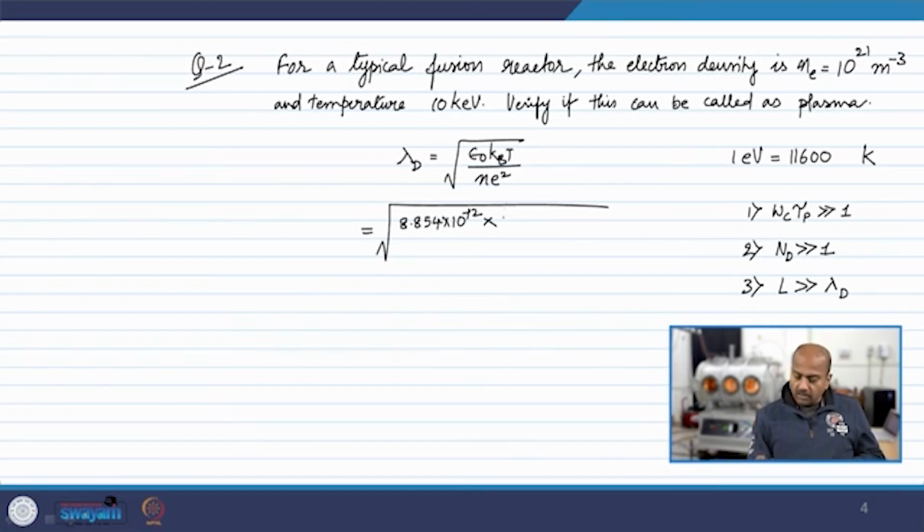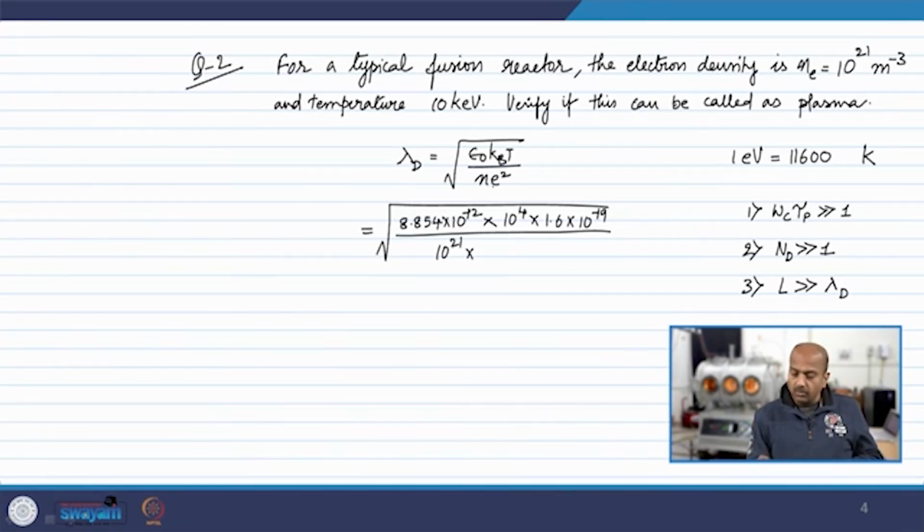So, the Boltzmann's constant should also be converted into electron volts. We can write 10 to the power of 4 as the temperature, and if you write it in electron volts, you have to write 1.6 10 to the power of minus 19. 1 electron volt is equal to 1.6 10 to the power of minus 19 joules. n is 10 to the power of 21, the charge density.